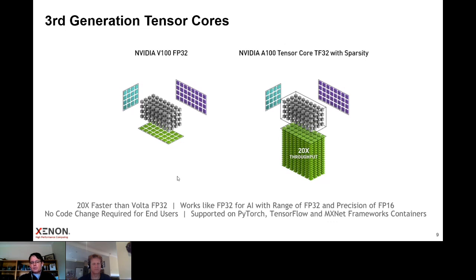It really works like FP32 for AI with a range of applications. And in particular, when we go from FP32 to TF32, which is essentially what's called a TensorFloat format that also takes advantage of sparsity, it really works the same way as FP32 with the range of FP32 and the precision of FP16, and can therefore accelerate the throughput by 20x.